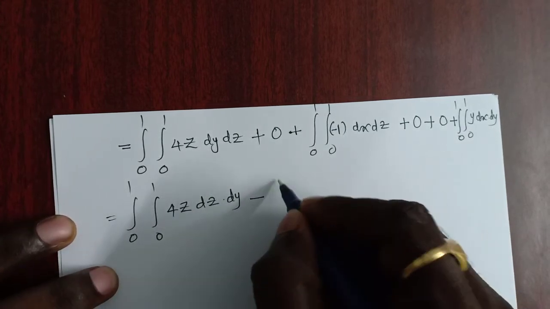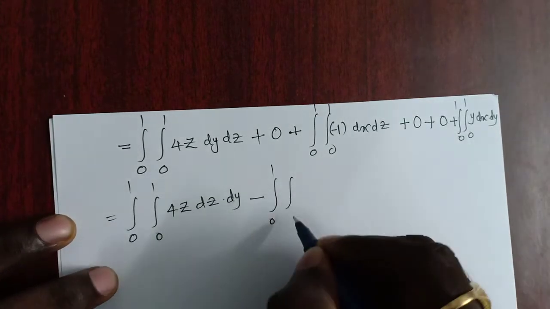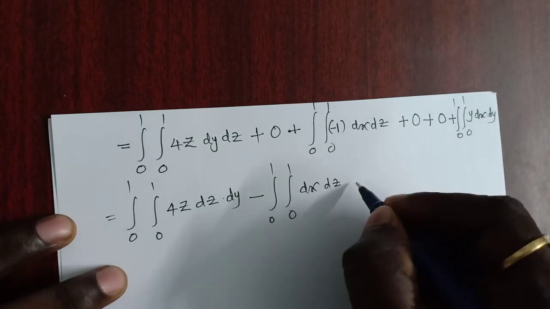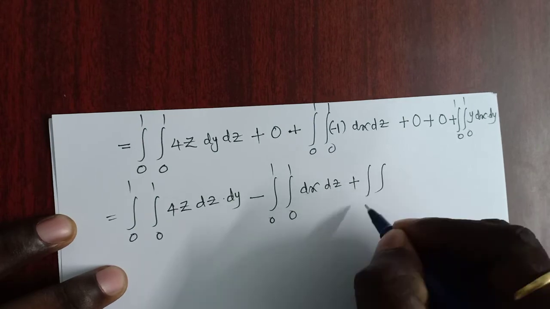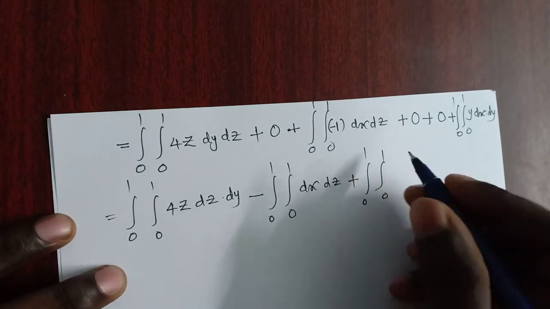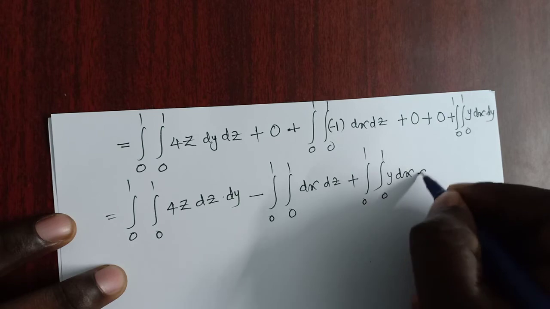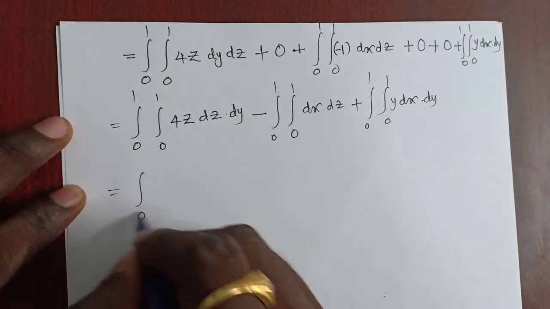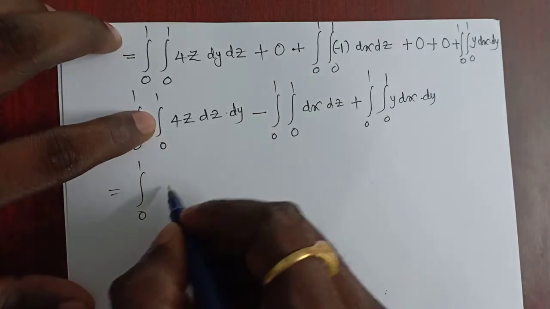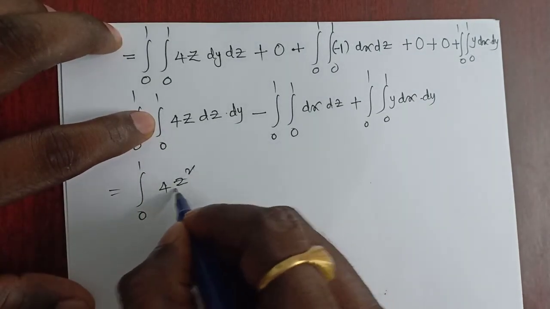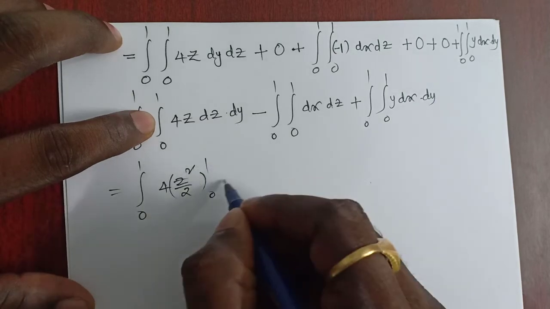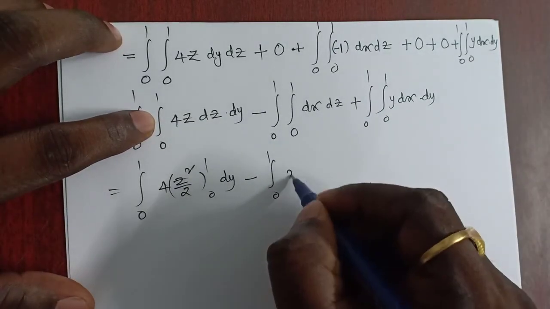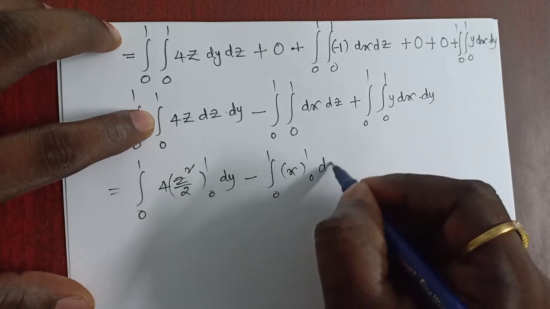Next, minus the double integral 0 to 1, 0 to 1 of dx dz, plus the double integral 0 to 1, 0 to 1 of y dx dy. Now coming to the integration with respect to z: 4 times z, for z it is z square by 2, with boundaries 0 to 1, dy, minus, for 1 it is x, with boundaries 0 to 1, dz.